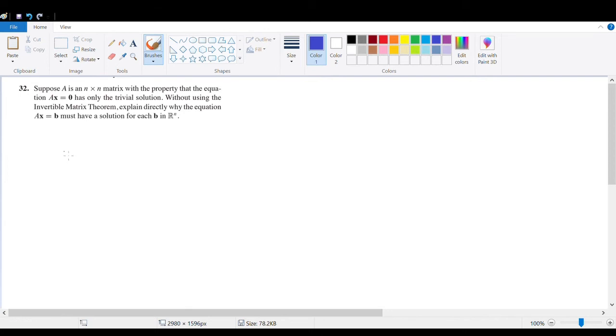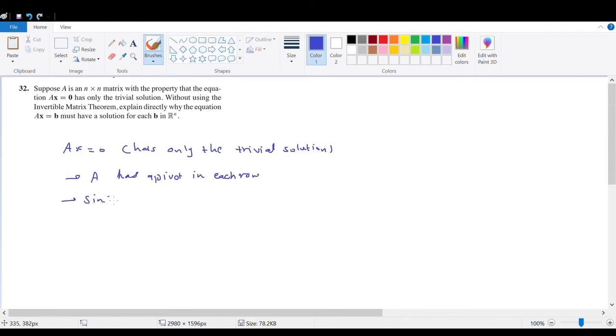So let us write it here. Ax equals 0 has only the trivial solution, that means A has a pivot in each row. Since A is n by n, A has a pivot in each column.